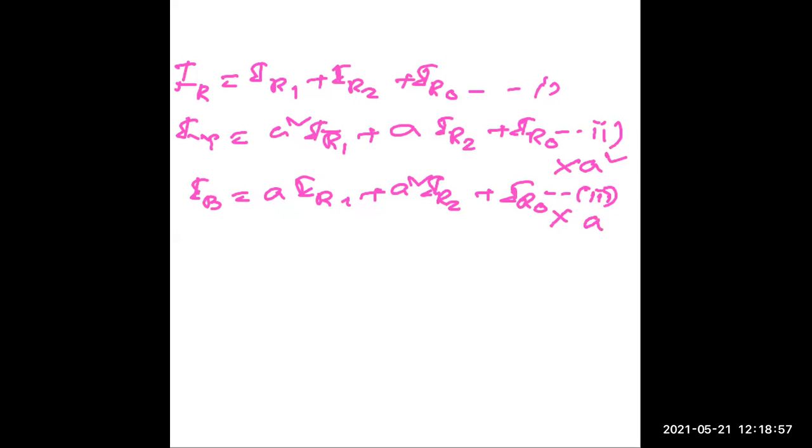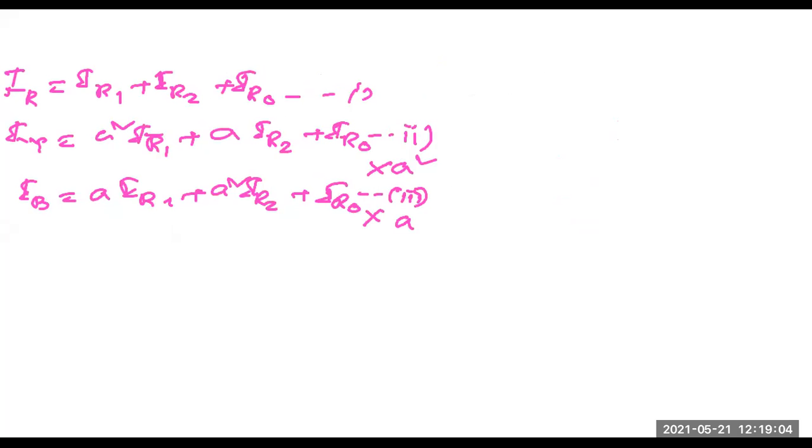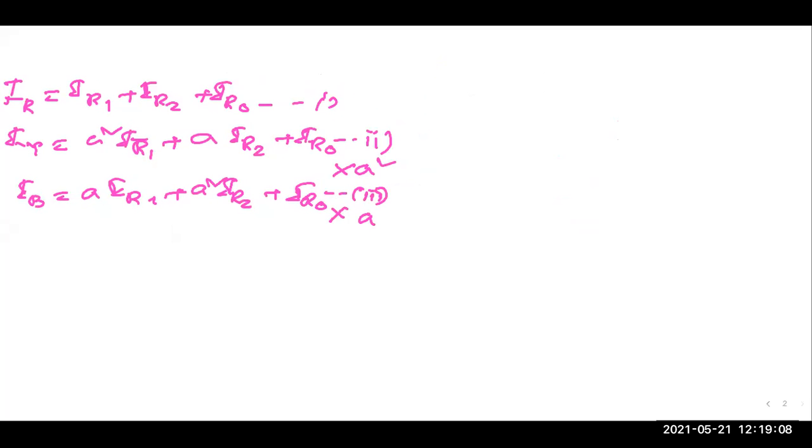Okay, so now we'll see what is happening. Let us do this calculation. First, A square into IY equal to A to the power 4 IR1 plus A cube IR2 plus A square into IR0.